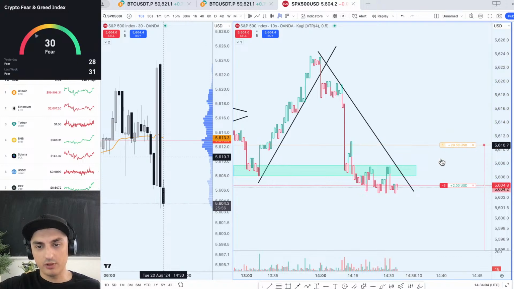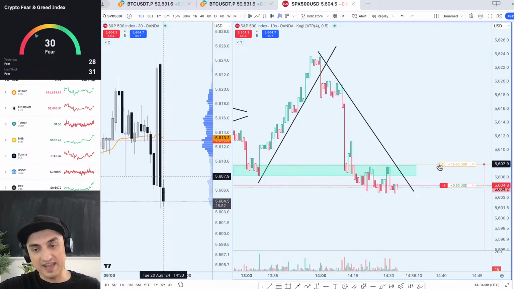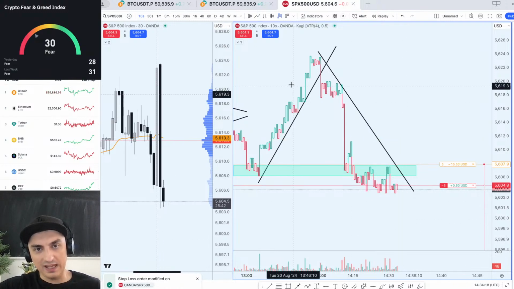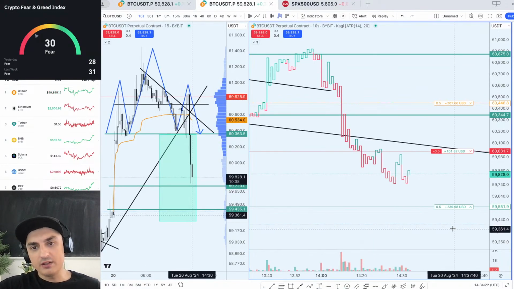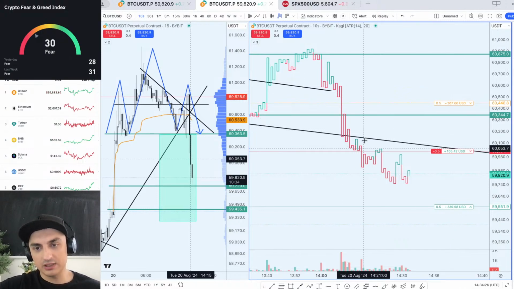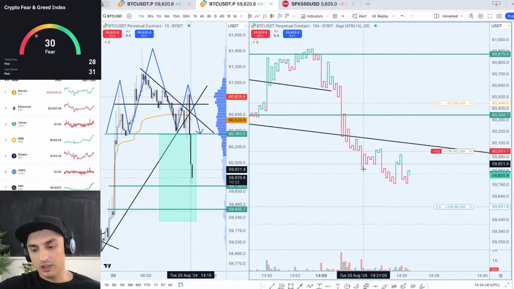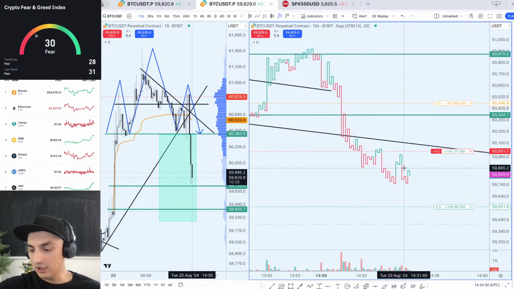I'm going to move my stop loss on S&P down to 608. And Bitcoin is shaking around, but I'm going to keep it and see how it goes.